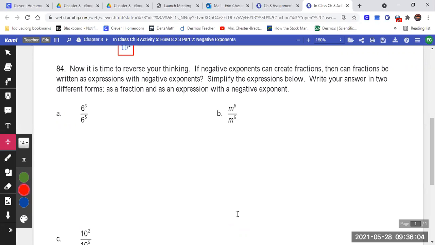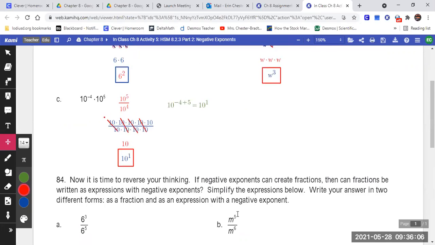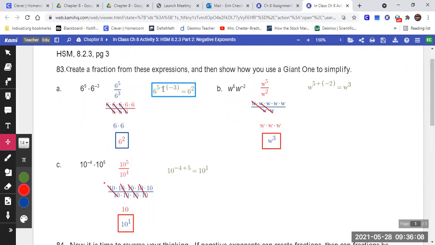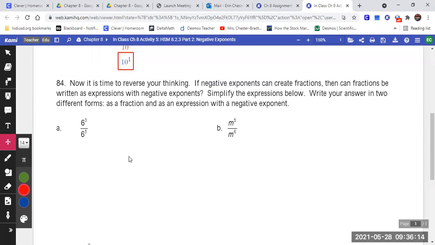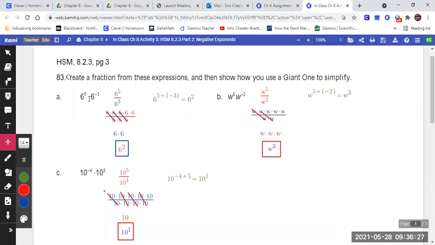So when we are top to bottom, side by side, what did we do with our exponents? Added. So top to bottom, what are we going to do with our exponents? Because side by side, that's multiply, right?